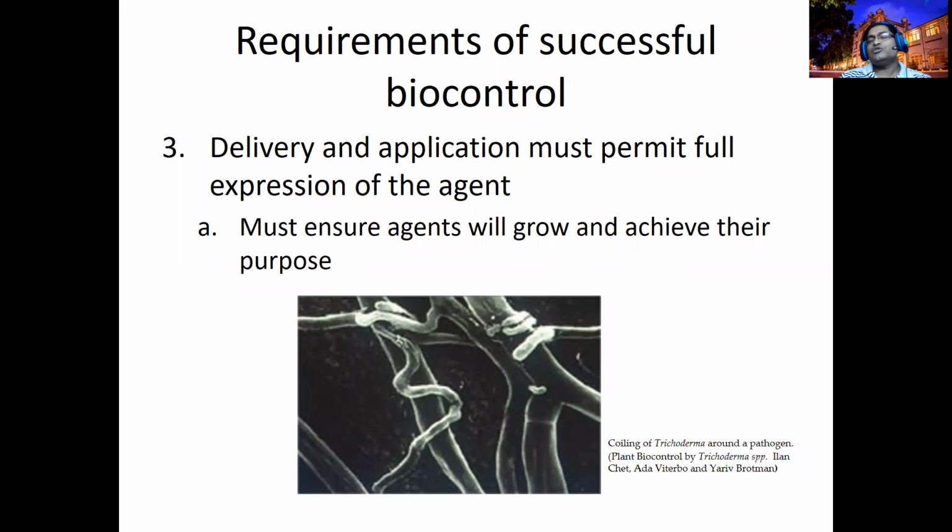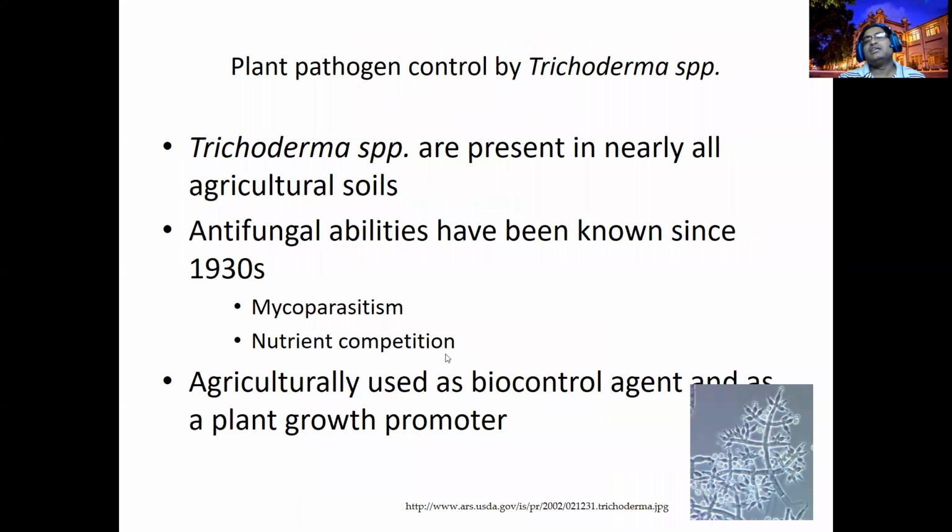It indicates that if you are delivering somewhere else or while transporting, it should not lose its virulence, right? It should not lose it. Virulence must ensure the agent will grow and achieve its purpose. In every way, if it is inoculated, it should grow, multiply and achieve the purpose. Otherwise, it is not considered a successful bioagent.